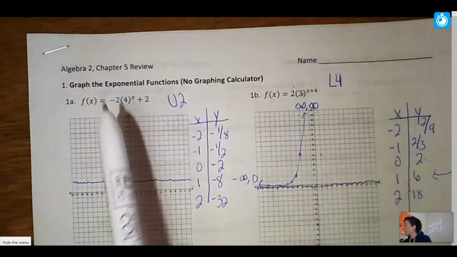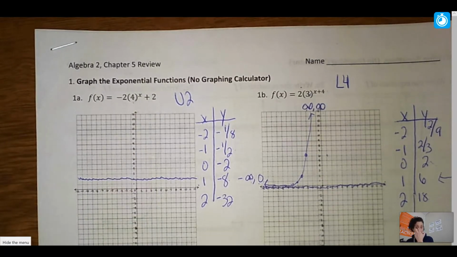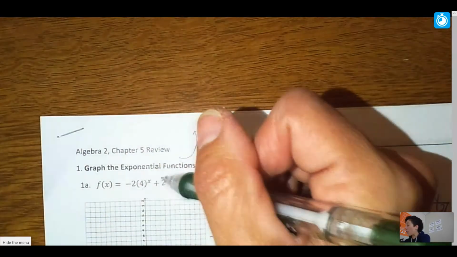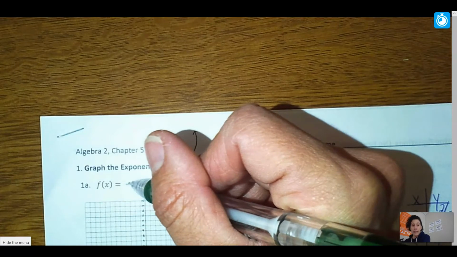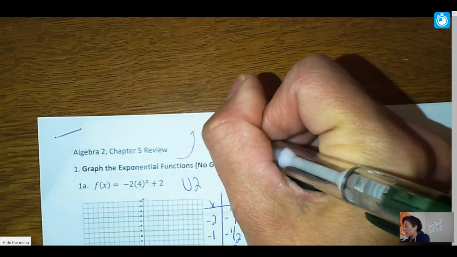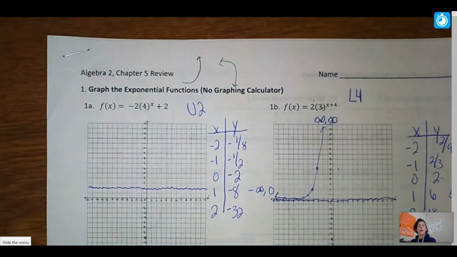If we just looked at this as something we're multiplying by 4, then technically it should be getting bigger. But what's happening here is this shape, which normally should be doing this because we're multiplying by 4, that negative here is technically going to tell us that it should be flipping. And that's something you have to be really careful with, because if you don't get a lot of points on your graph, you really have to know the shape.